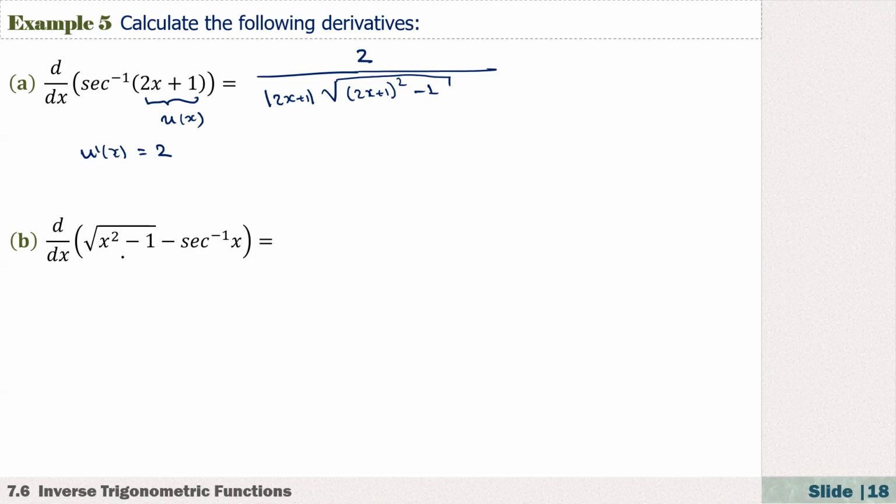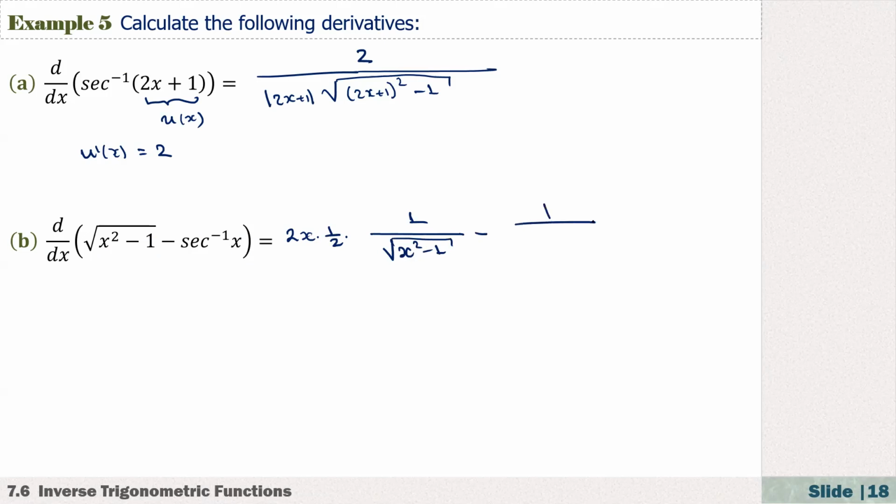Okay, here, if you differentiate the first part, that's equal to 2x, right, to the power 1 over 2. Anyway, here that's equal to 2 times x. And here we have 1 over 2 because the power comes to the front. It's just 1 over 2 times 1 over the square root of x squared minus 1, minus, and how about the secant inverse of x?